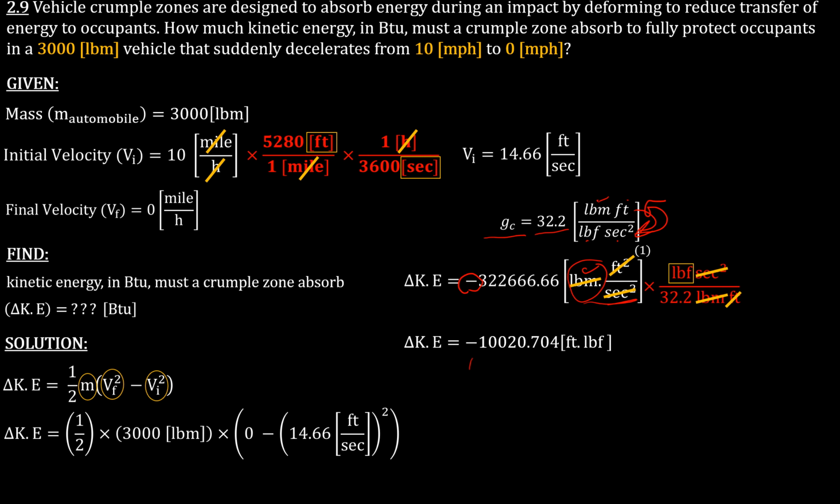Remember, it's negative, which means that this energy is being transferred to another form of energy. But we're not done here. We need to convert this to BTU, so we use this conversion factor, and feet pound force cancels with feet pound force, and you are left with minus 12.88 BTU.